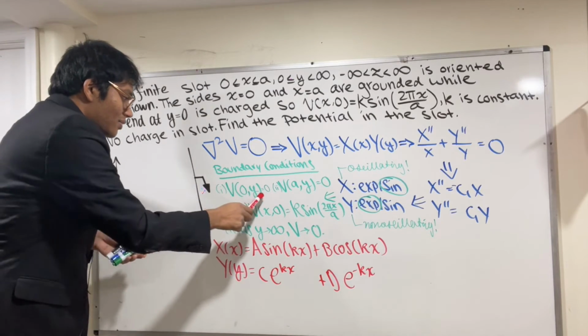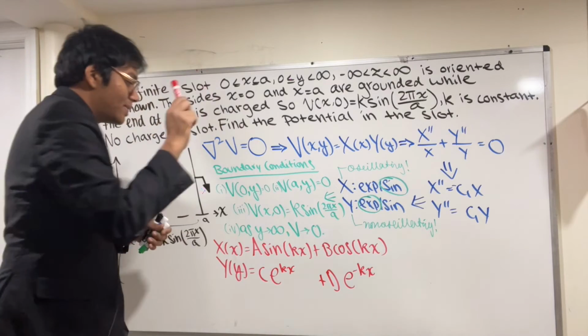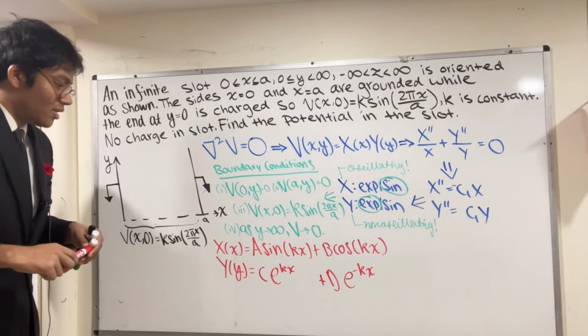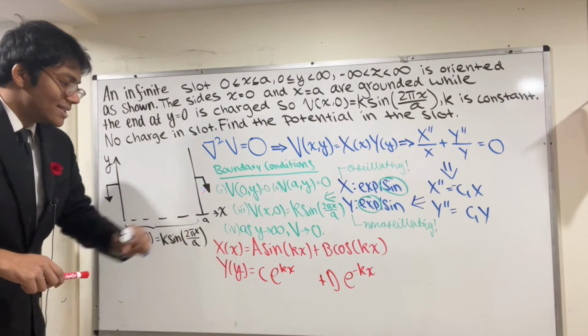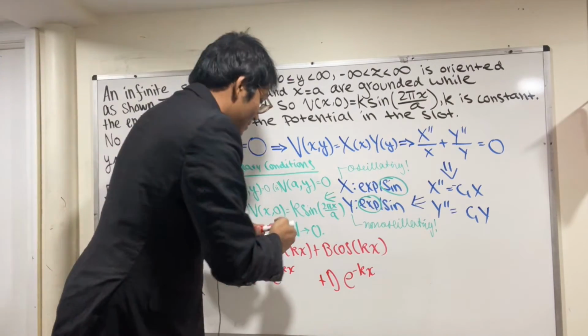Okay, let's take a look at our first boundary condition. It tells us that when x is 0, the potential has got to be 0. Let's plug in x is 0.